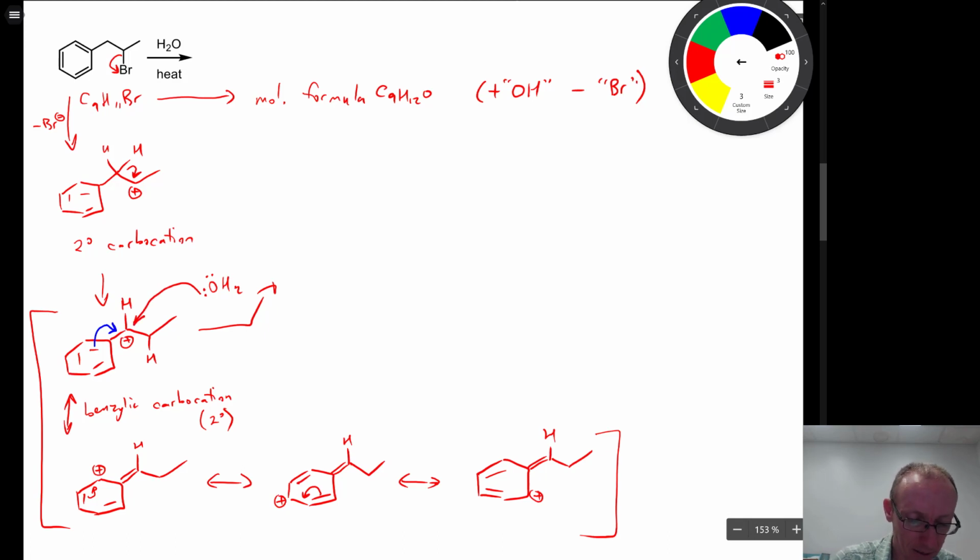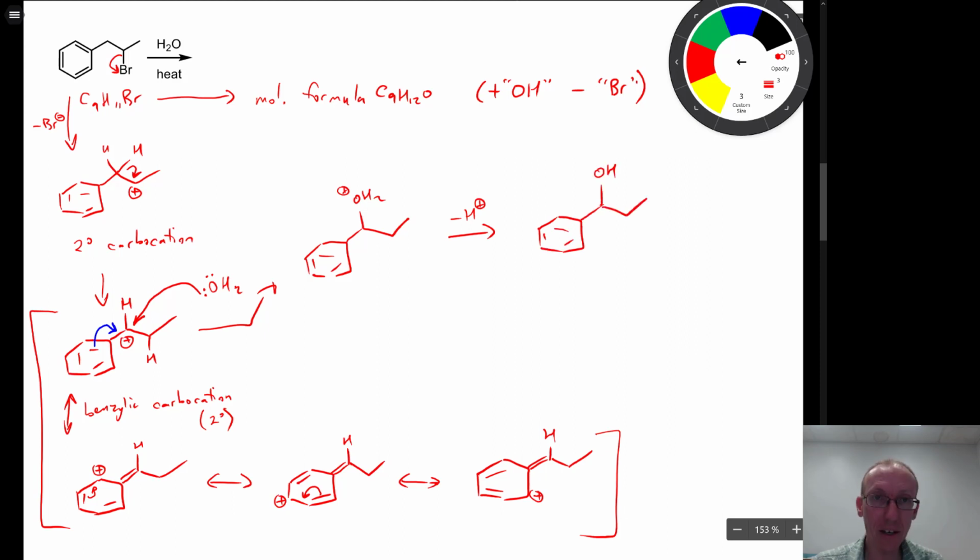So we're going to attack that, and we're going to get this is the product, and then that is just going to simply lose a proton. We could draw a curly arrow for that if we wanted, but I'm sure that you could. And we're going to get that as the product.